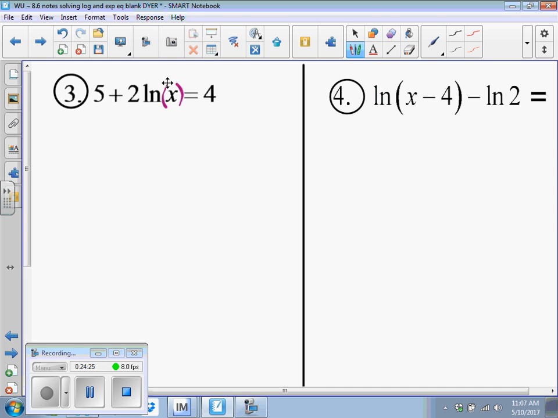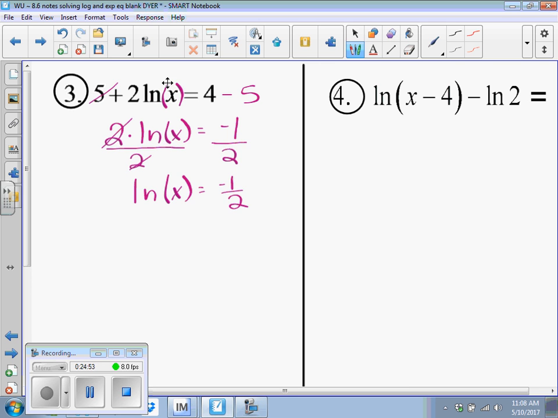What's step 1? Subtract 5. You got to get rid of this. So 2 times ln of x equals -1. Then what? Divide by 2. So ln of x equals -1/2.